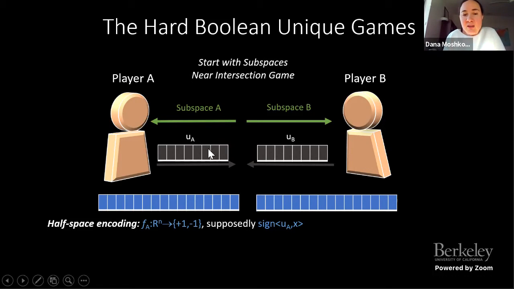What do I mean by that? This player is supposed to answer some vector, and this player is supposed to answer some vector. We think of this vector as defining a normal, defining a half space. And here we write the truth table of this half space.